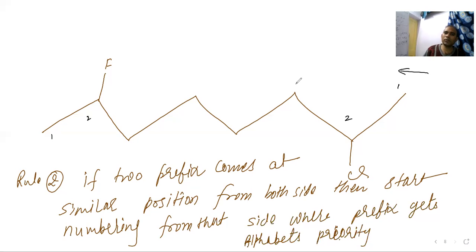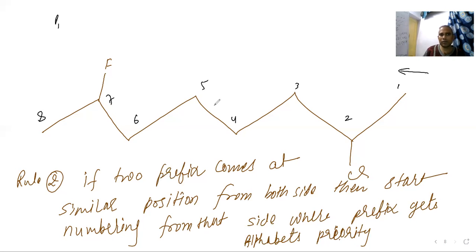So 1, 2, 3, 4, 5, 6, 7, 8, that is oct. But first we write the prefixes, then the name of the word root.